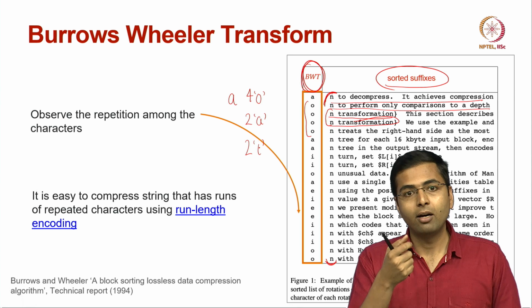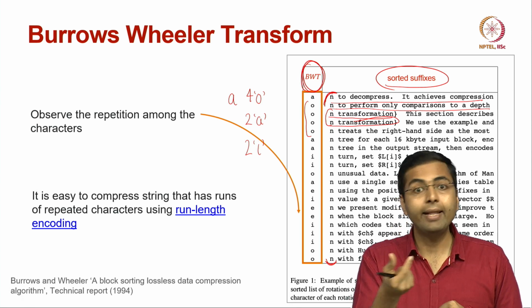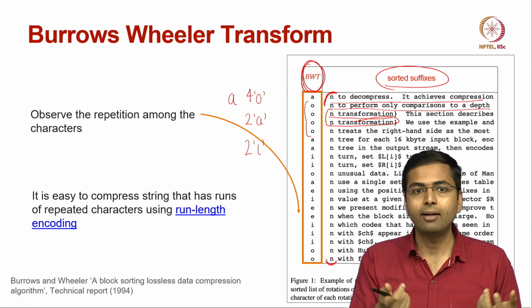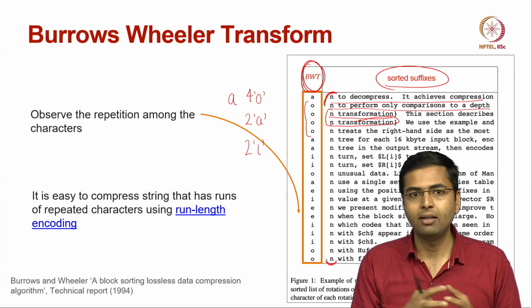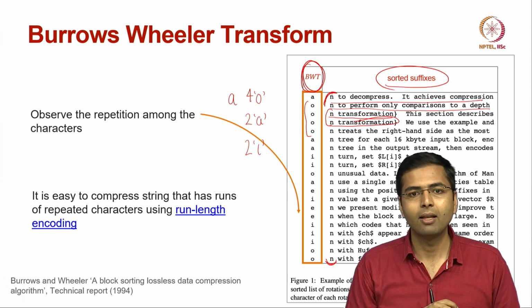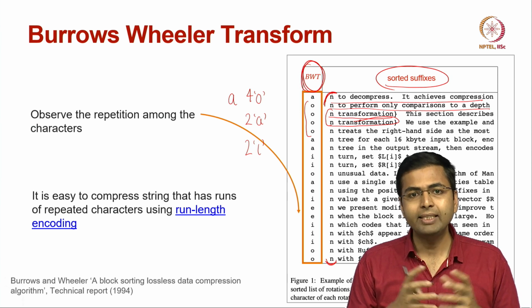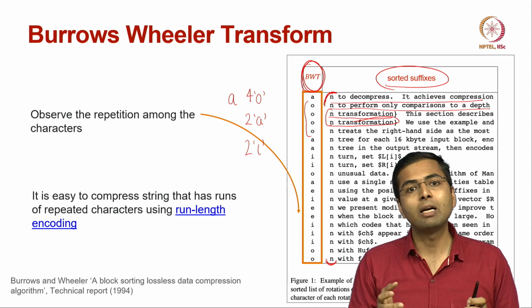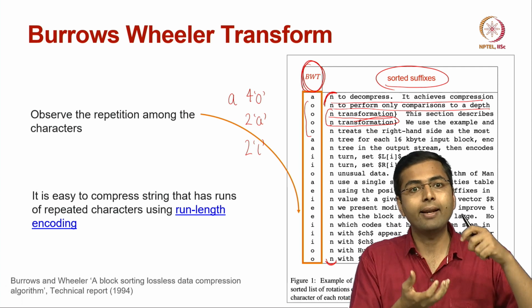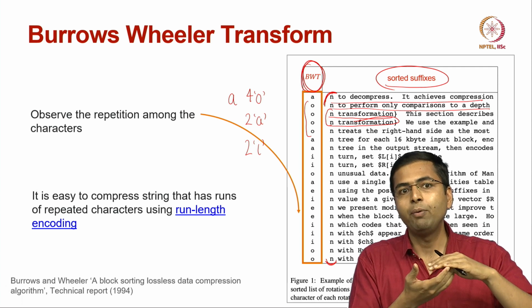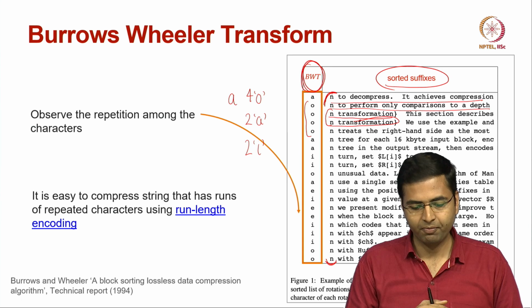So, I can write the distinct characters and their counts in the run length encoding technique. This is why Burrows-Wheeler transform helps in compression, because it brings the equal letters together when we build the Burrows-Wheeler transform.